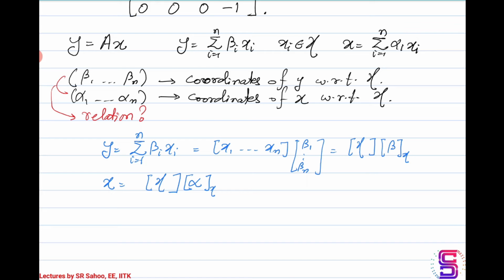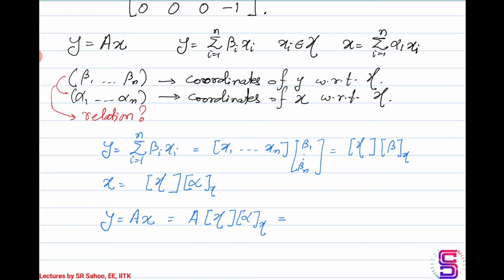Okay, now y is what? Ax, which is A acting on this, and if you remember how we derived the expression for the matrix representation of A, we essentially had A multiplied with the vectors x1, x2 till xn, and then we arrived at the fact that it is something like a matrix representation.